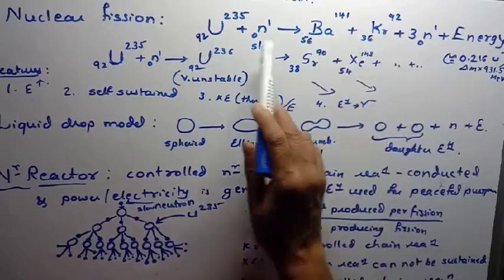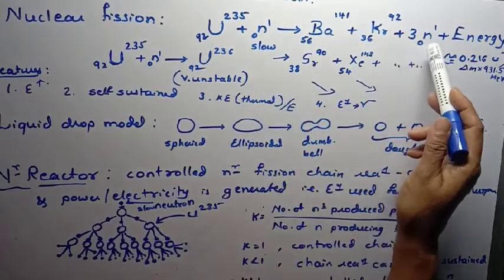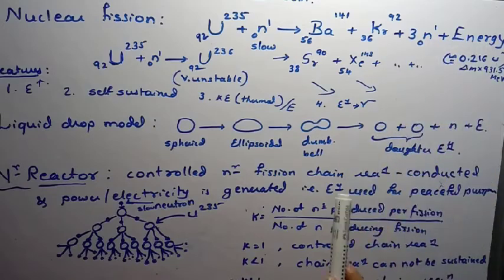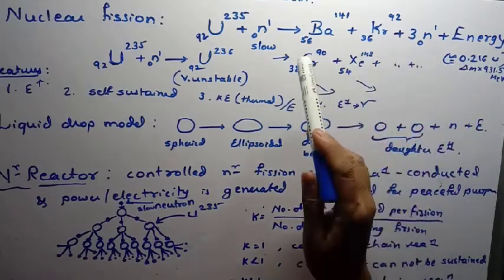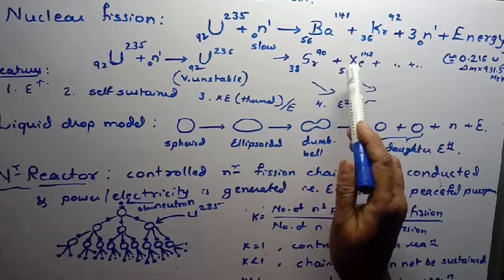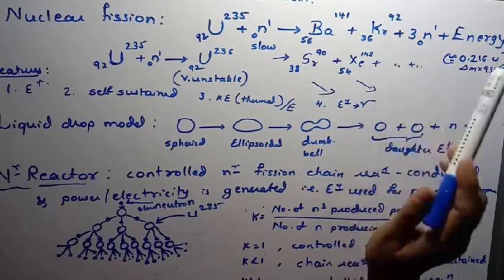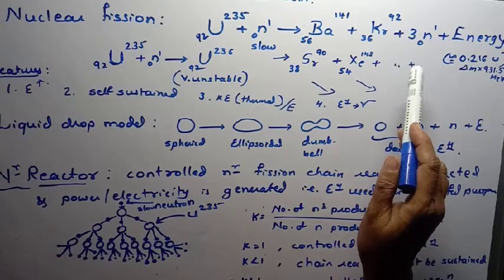And once again, there will be such reactions, the products will be different. And once again, in each step, there is a liberation of three more neutrons, and a huge amount of energy will be liberated, and this will continue. The nuclear fission reaction will continue, and that is said to be a nuclear chain fission reaction.